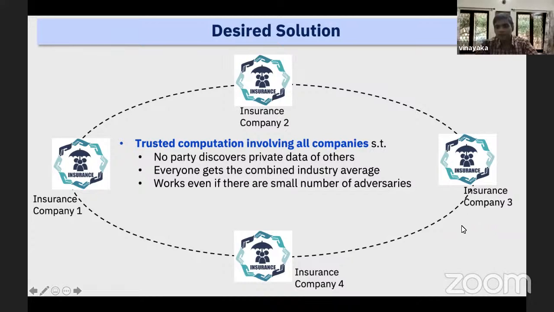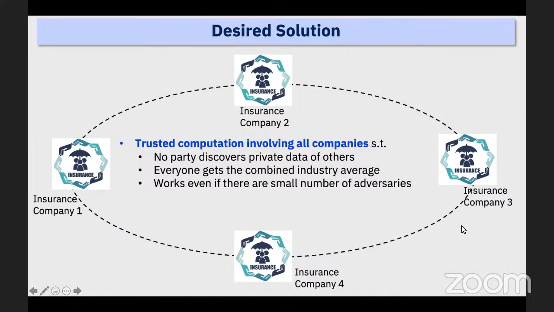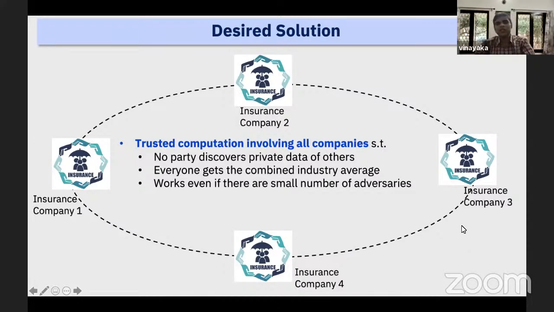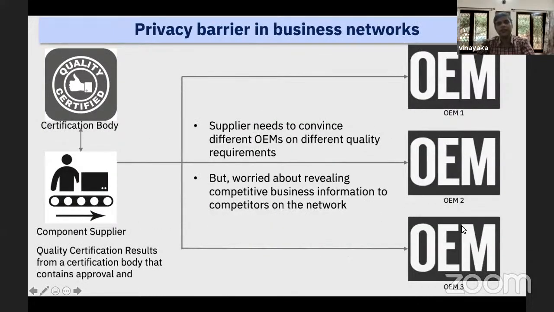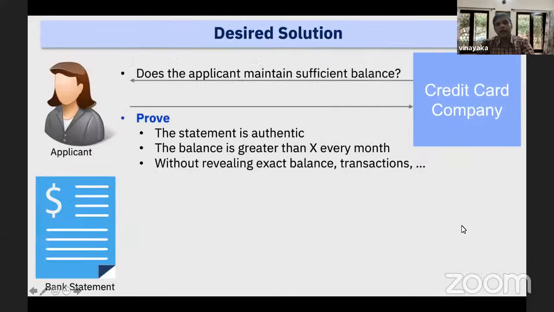Which question? That what kind of solutions we would expect in these scenarios? Yeah. So the idea is actually that the next part of the talk will focus on how we can actually solve some of these problems. Especially think about it that each one of these things sounds extremely incredulous.